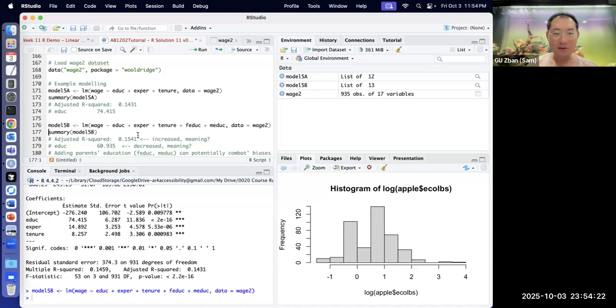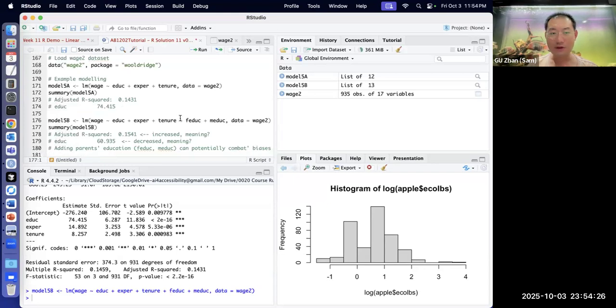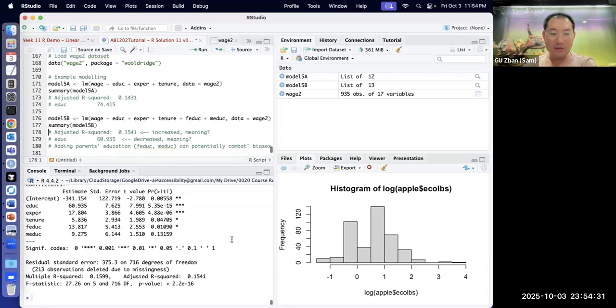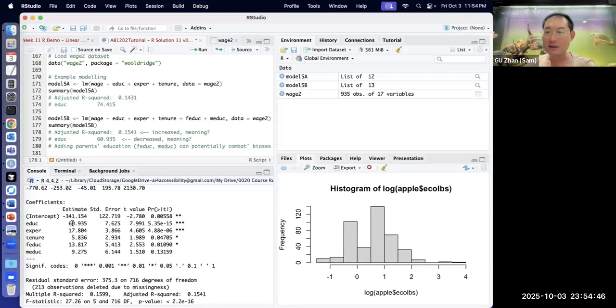The second step is to introduce a few more variables: father's education and mother's education. Then run it. What we observe is that father's education is significant. Mother's education isn't super significant. The person's own education gets slightly reduced.